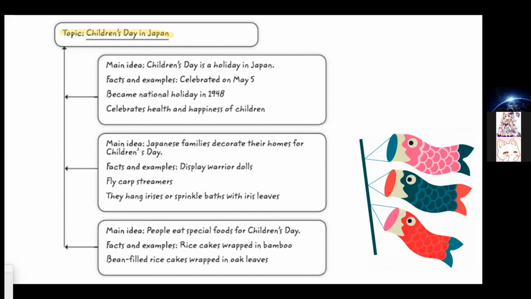So the main topic of the entire essay will be Children's Day in Japan. What is main idea number 1? Main idea 1 is Children's Day is a holiday in Japan. So main idea number 1 is Children's Day is a holiday in Japan.